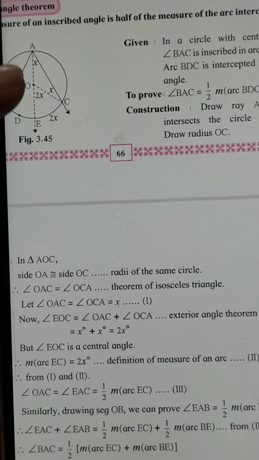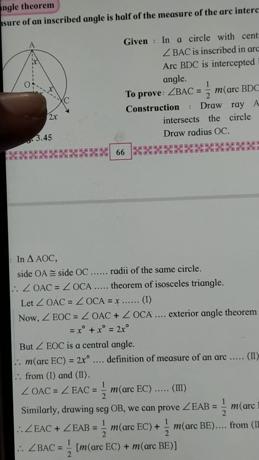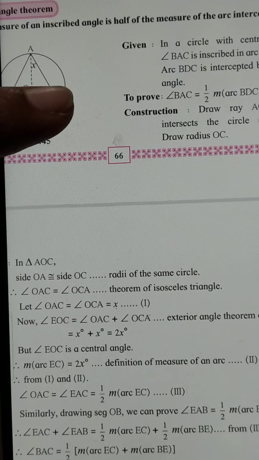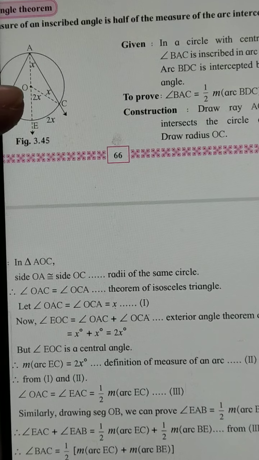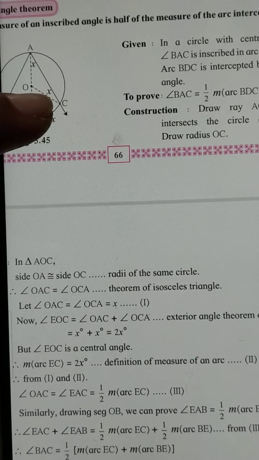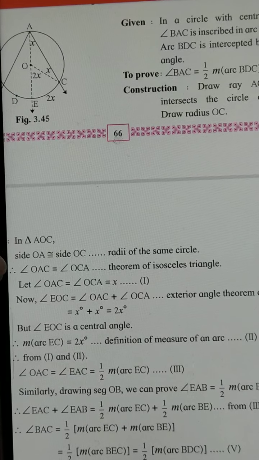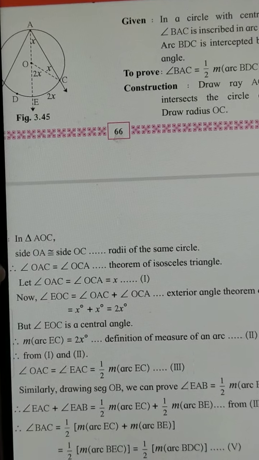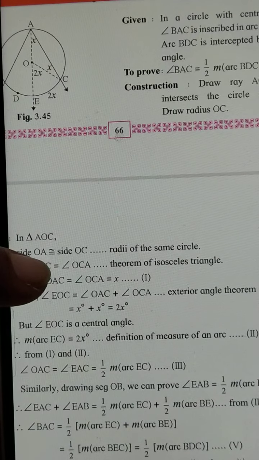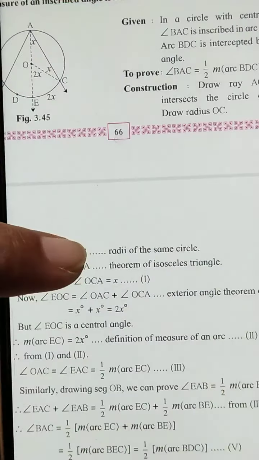So this is an isosceles triangle. So with the theorem of isosceles triangle, we can show that angle OAC is congruent to angle OCA. So in the third line, angle OAC is equal to angle OCA. Reason is theorem of isosceles triangle.